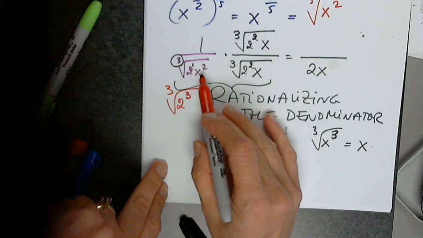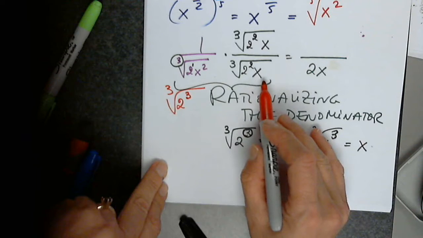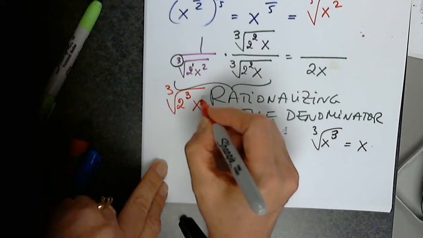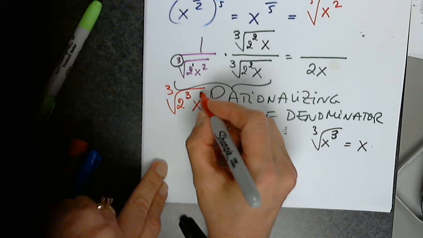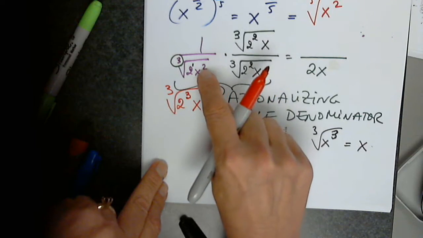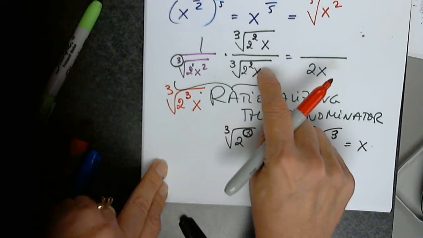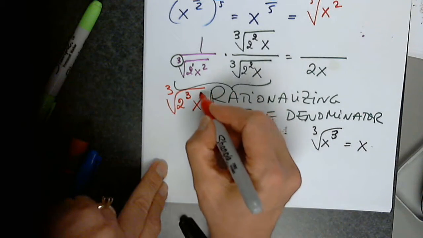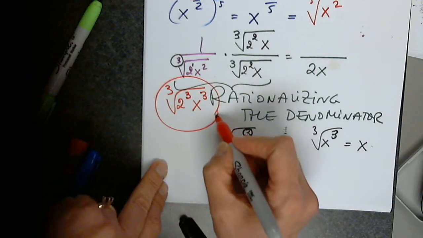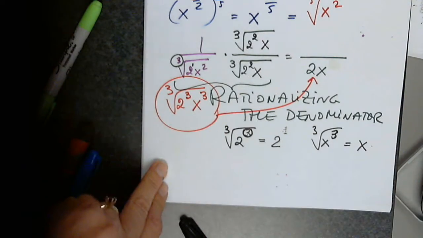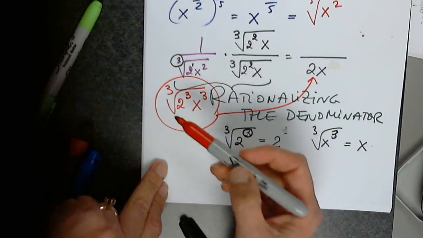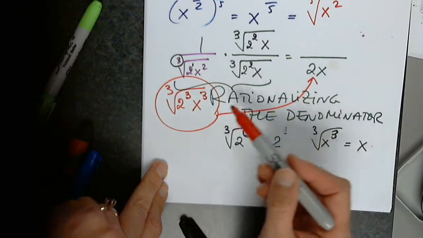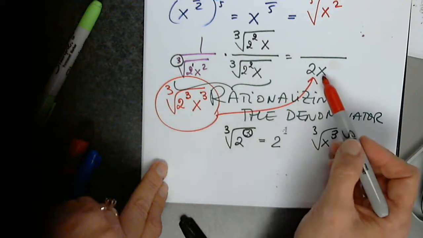And the cube root of x squared times the cube root of x will be the cube root of x to which power? Copy the base, add the exponents. Third. Yes, that's why when I simplify this, what do I get? Exactly what I want. The cube root of 2 cubed, which is 2, and the cube root of x cubed, which is x.